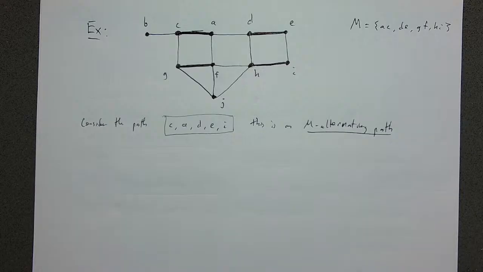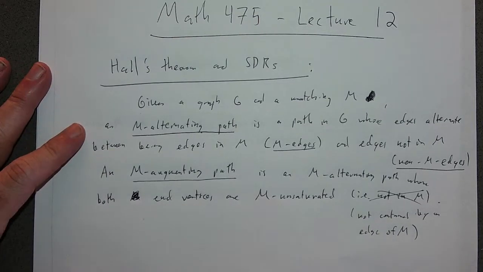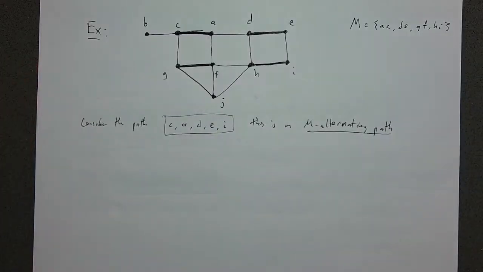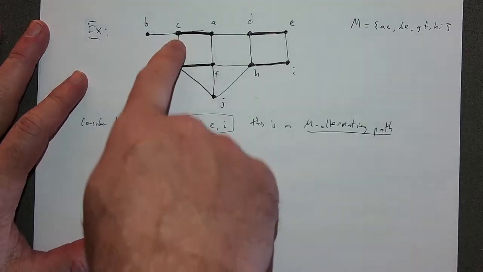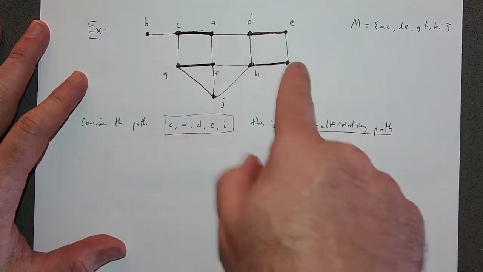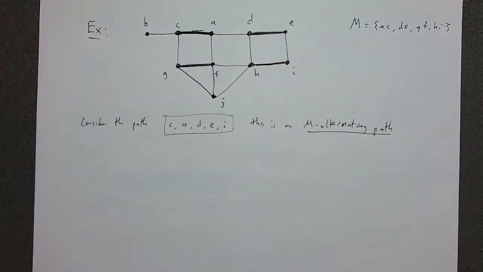Let me bring our definition back for a second. An M augmenting path is an M alternating path where both of the end vertices are M unsaturated. Well, here, one is vertex C, the other is I. Both of those are vertices in an edge of M. So both of those are actually M saturated. So the answer is no, this is not an M augmenting path.